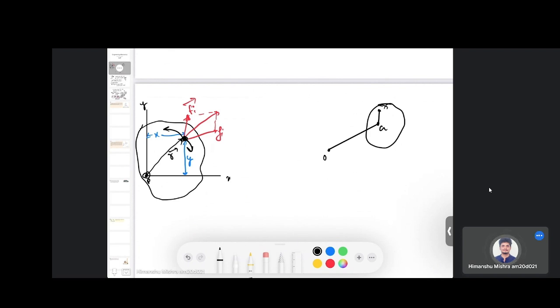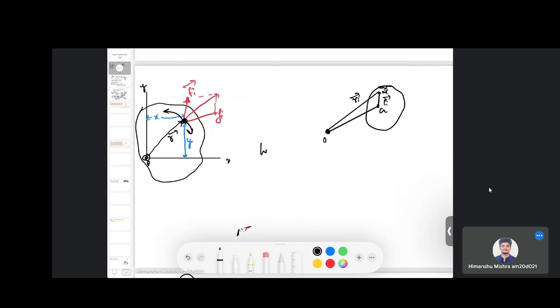Let's say this is some point M, and it has the position vector rho i. It's a displacement vector ri from O, right? Then my linear momentum will be given as Gi equals mv.